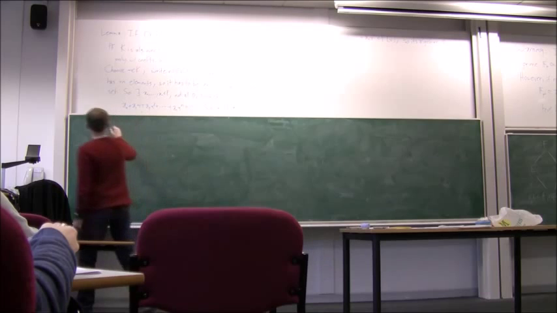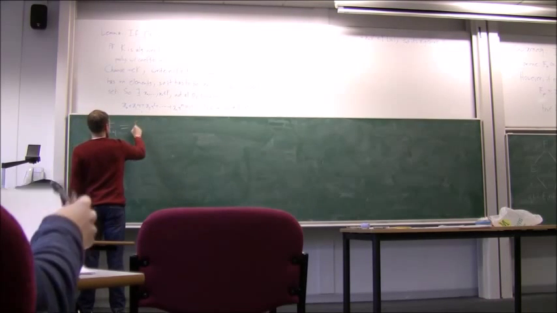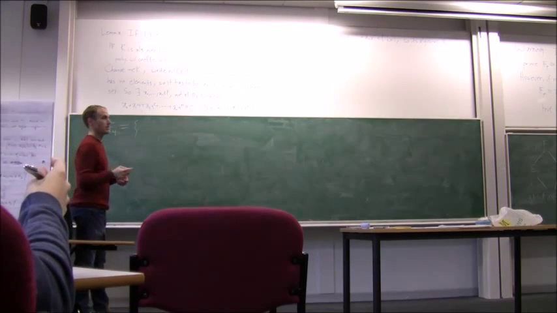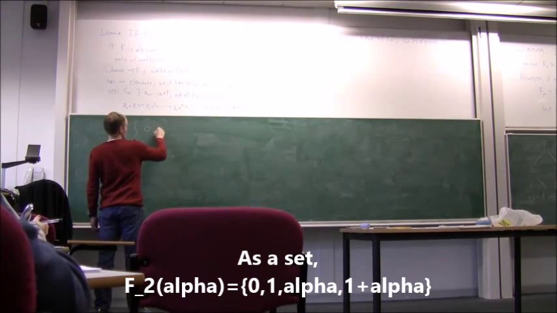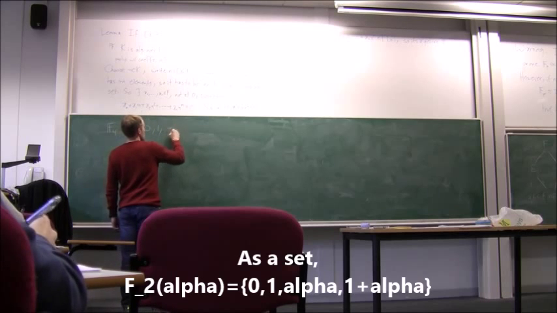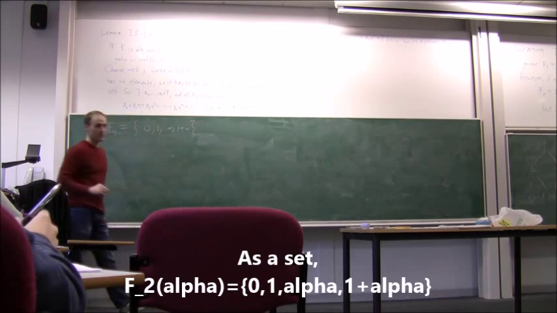So F4, our field with 4 elements, is equal to, well, let's just think about all the different ways of choosing a0 and a1. I could choose a1 to be 0 and a0 to be 0 or 1. And I could choose a1 to be 1 and a0 to be 0 or 1. And those are the only possible choices. There's 4 elements in this field.